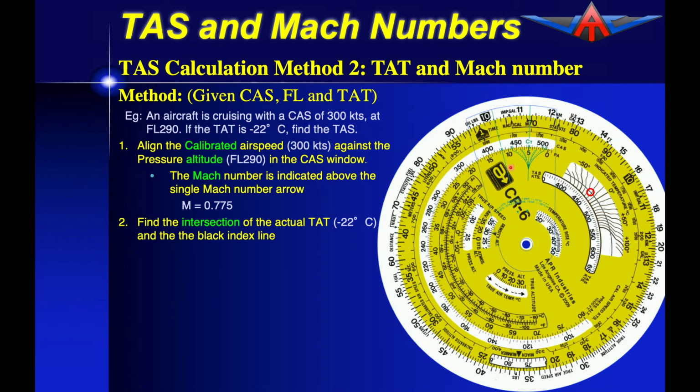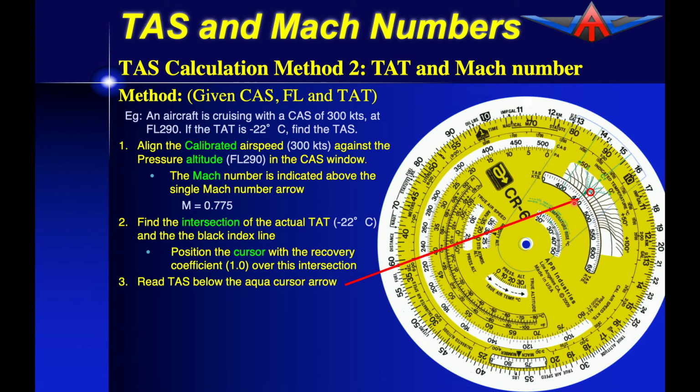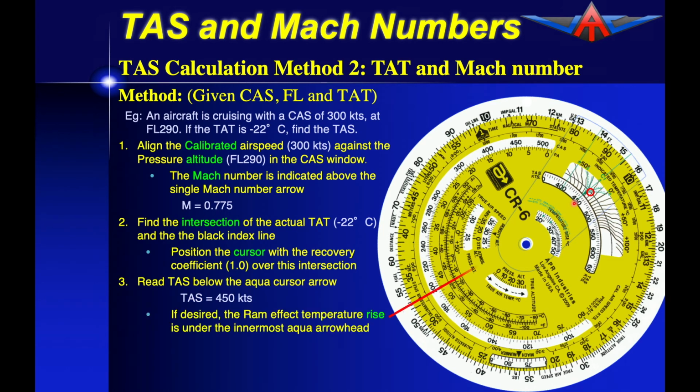So we're now going to rotate the cursor around with a recovery coefficient of 1 and place that over the top of that point of intersection. So -22 on the curved line, and we come down and we read our true airspeed underneath that, 450 knots. If you wanted to, you now look at this little arrow here and you can see that there's a temperature rise of 27 degrees.